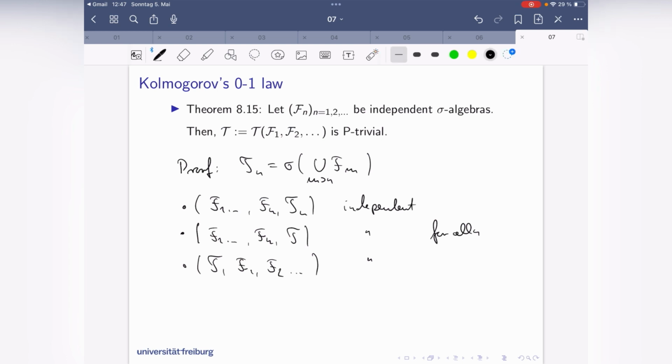Then, grouping again, I'm grouping the whole rest here. What's the whole rest? This is T_0 as written down here. Independent. T is a subset of T_0, which then means that T and T are independent. So T is independent of itself, which means that T must be P-trivial. And we are done.